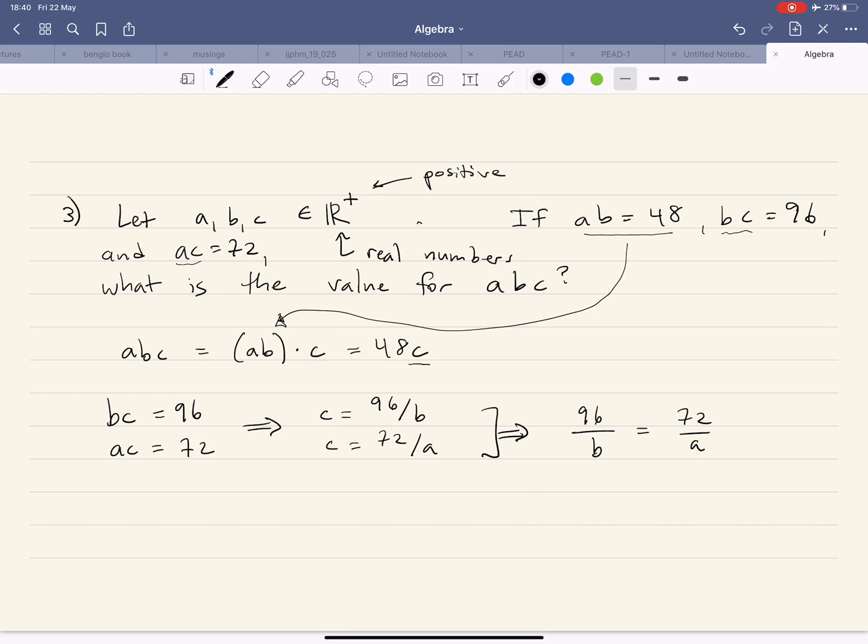Which means that 96A equals 72B, right? Where over here I multiplied B times B. Sorry, that is not what I did. I don't know why I just wrote that.